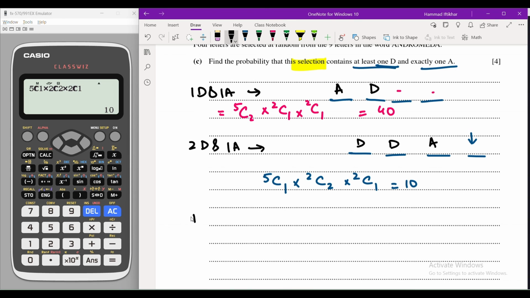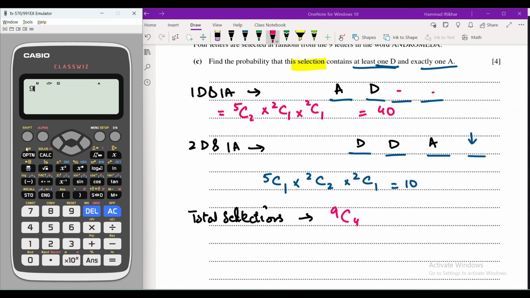Now the total selections, how many total selections could we have? We have total 9 letters. We just have to select 4 of them. So 9C4. So that is 126.